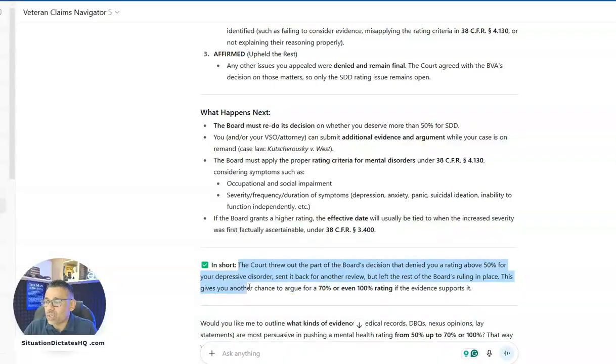This gives the veteran another chance to argue for a 70 or even 100% rating if the evidence, once again, as I have continued to emphasize in my videos, evidence. Evidence. Every claim that is approved is evidence-based. And right here, it's saying that it gives the veteran another chance to argue for a 70 or even 100% rating if the evidence supports it.